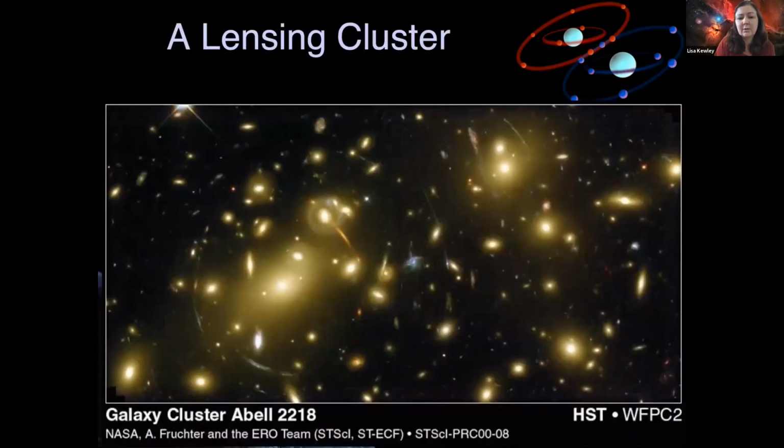And I'm going to show you a real lensed image here. This one is a nearby galaxy cluster that we use to look at distant galaxies. This is a Hubble Space Telescope image. The bright galaxies you can see are all the cluster galaxies. They're nearby, and they're the ones doing the bending of the light.